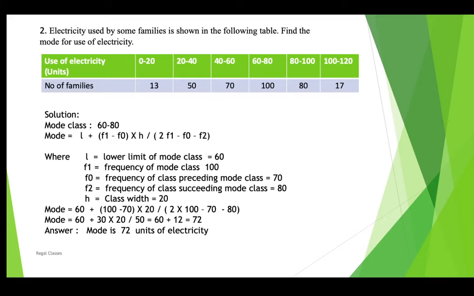So L is 60, f1 is 100, f0 is 70, f2 is 80, class width is 20. Substitute in the equation and you have mode is 72 units of electricity. And that is the answer.